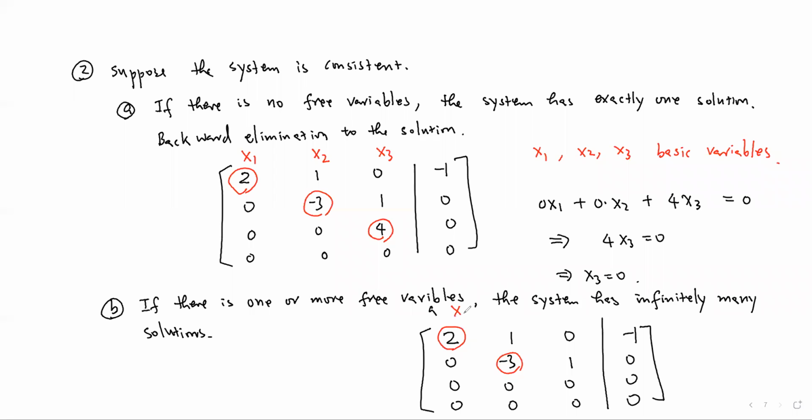Therefore, X1, X2 are basic variables. But X3, the column 3, is a free column. So X3 is a free variable. We can arbitrarily assign values to X3. So therefore, this linear system has infinitely many solutions.